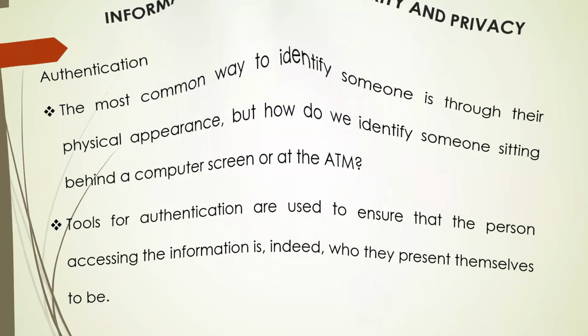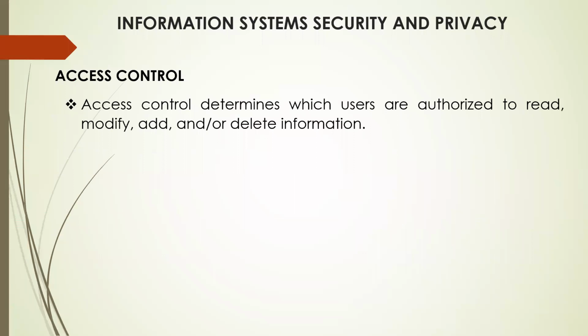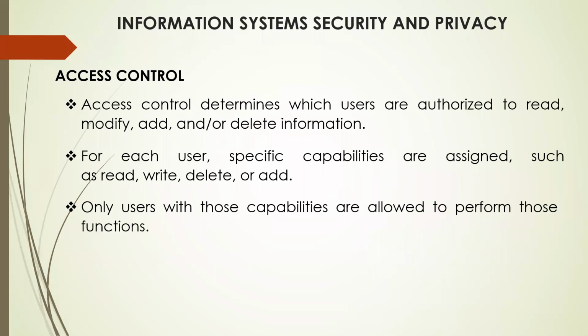Next is access control. So when we say access control, it determines which users are authorized to read, modify, add, and delete information. For each user, specific capabilities are assigned, such as read, write, delete, or add. Only users with those capabilities are allowed to perform those functions.